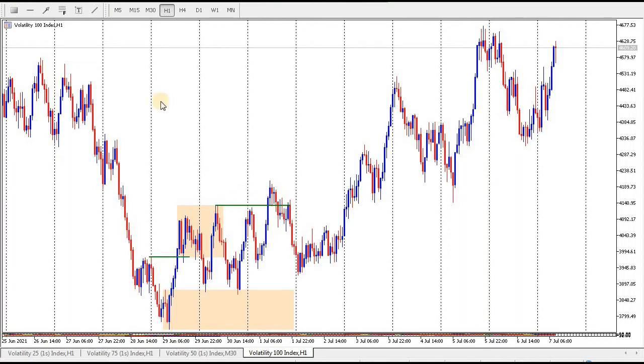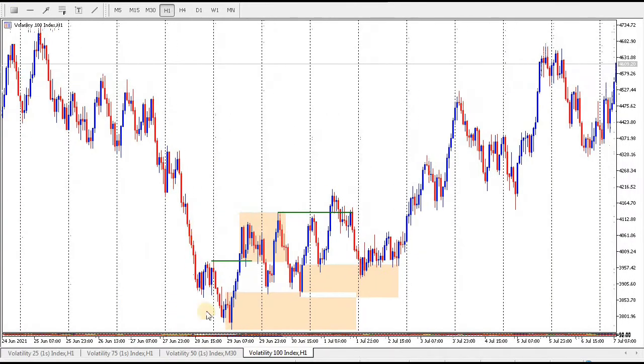In today's video guys, we are going to show you a simplified explanation on how to find good order blocks in H1 time frame. So guys, as you can see here, this was our previous drop, base drop, and then the price just went up, breaking the previous lower high, creating a new high.